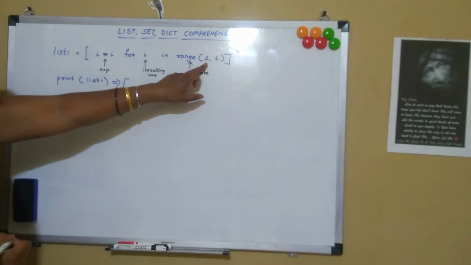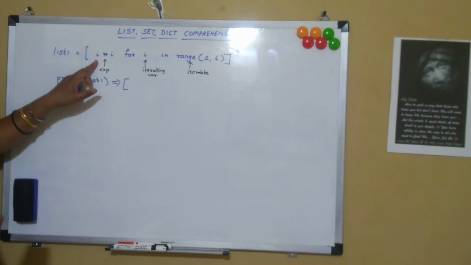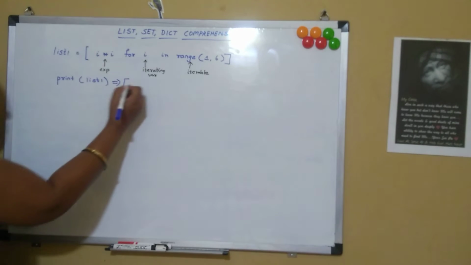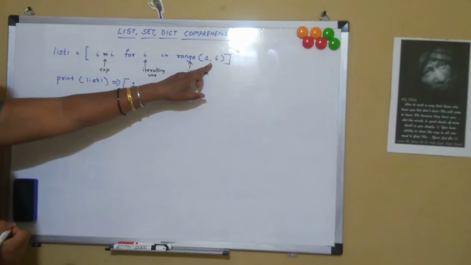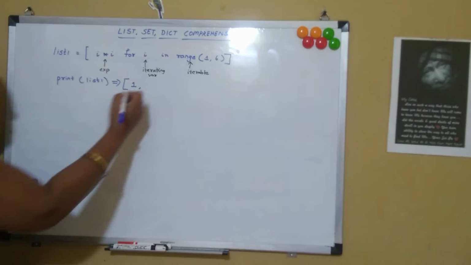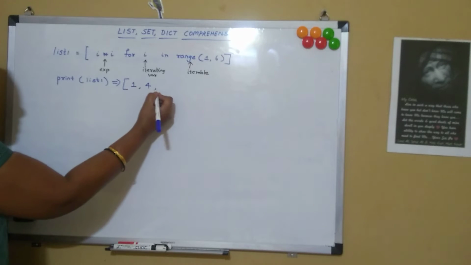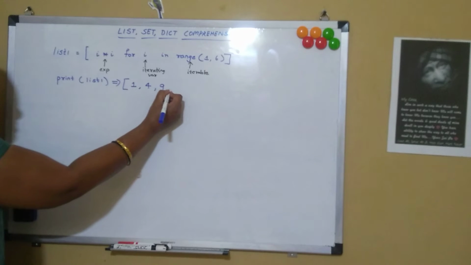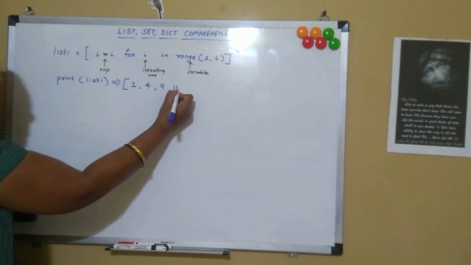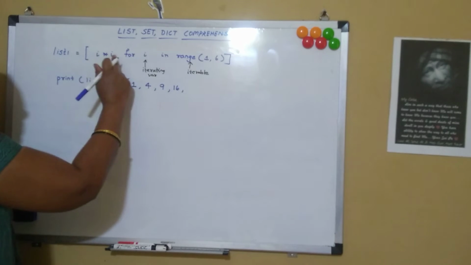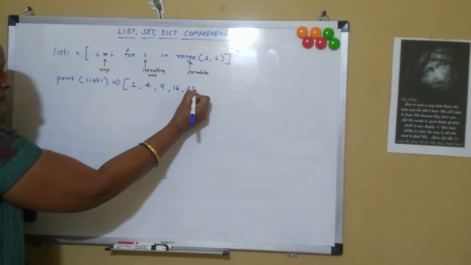Initially, i will take the value 1 and it will evaluate the expression i into i. So 1 into 1 becomes 1. Then i becomes 2. 2 into 2 is 4. i becomes 3. 3 into 3 is 9. i becomes 4. 4 into 4 is 16. i becomes 5. 5 into 5 is 25.